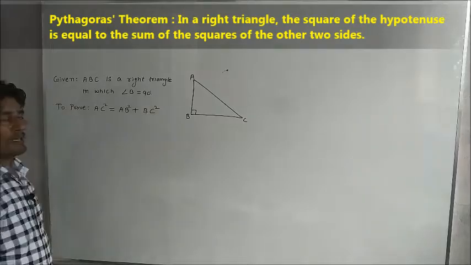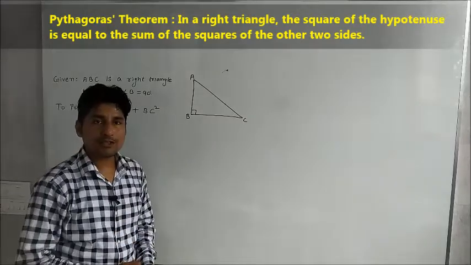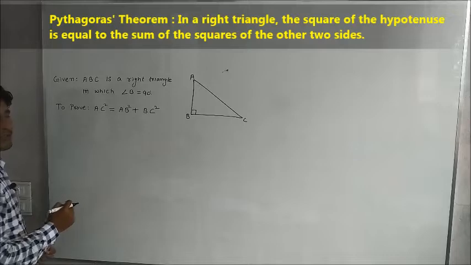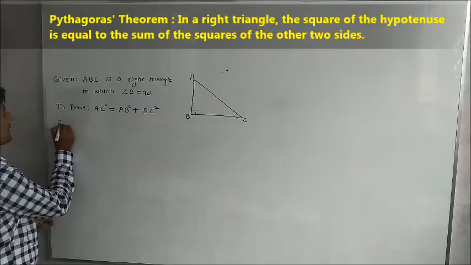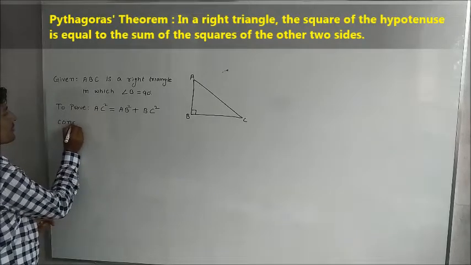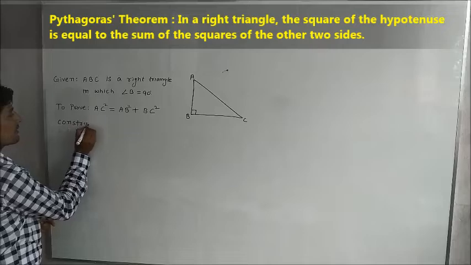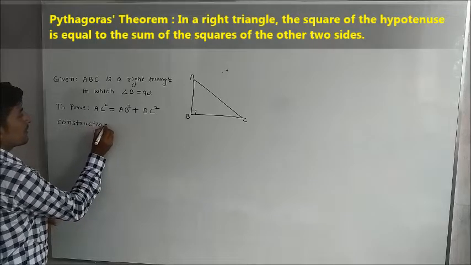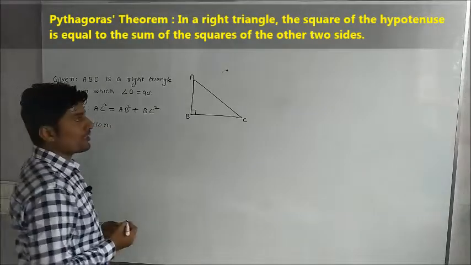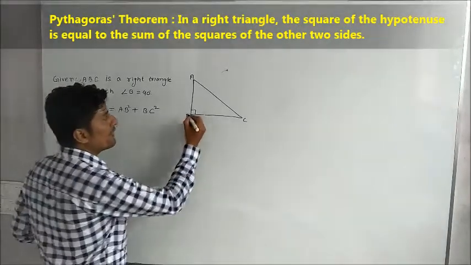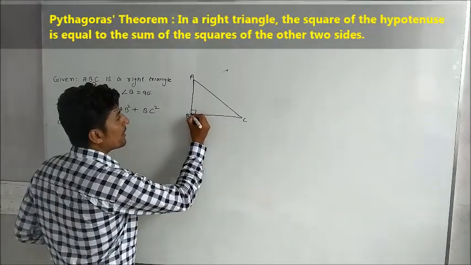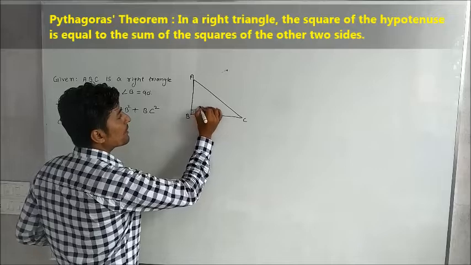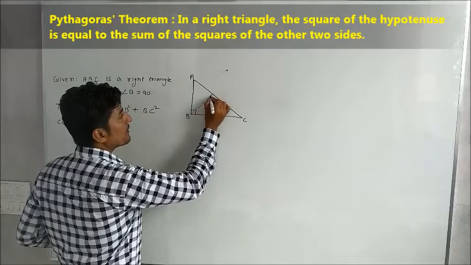After to prove, the next step is construction. So we need construction to prove this theorem. In construction, we have to write down, we draw a perpendicular from point B on side AC.